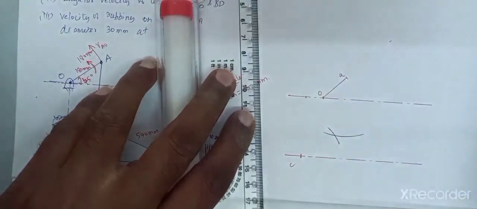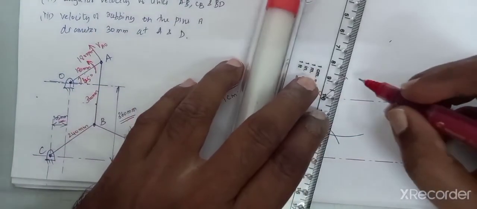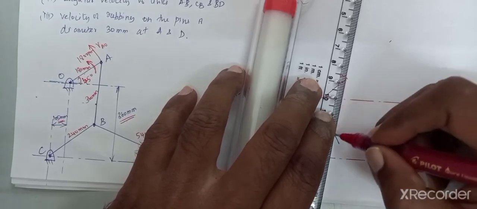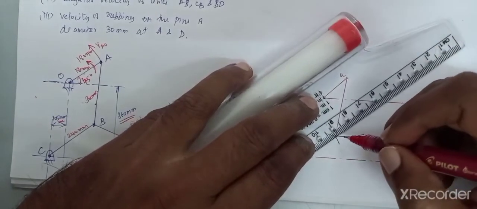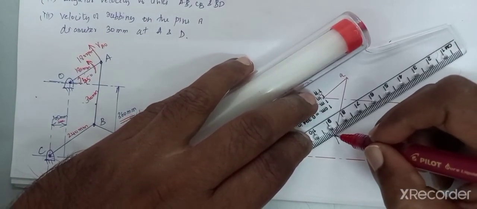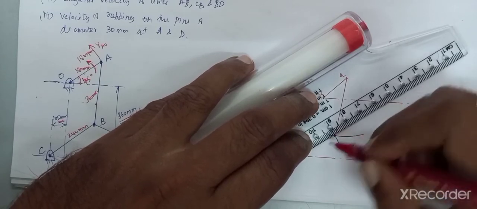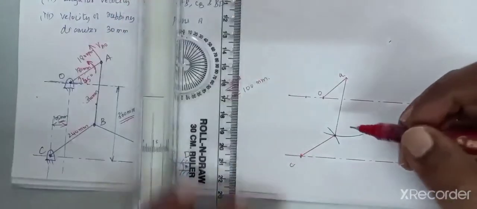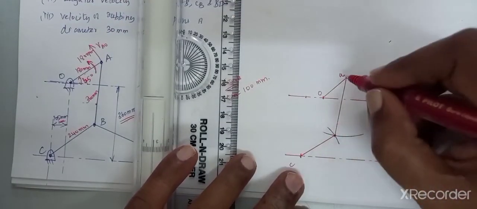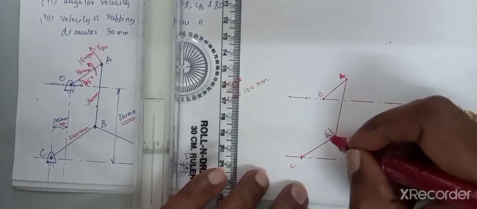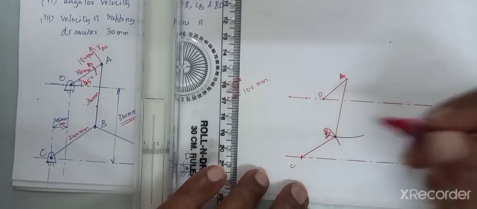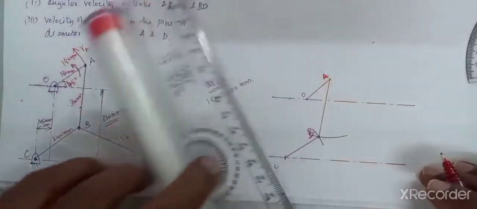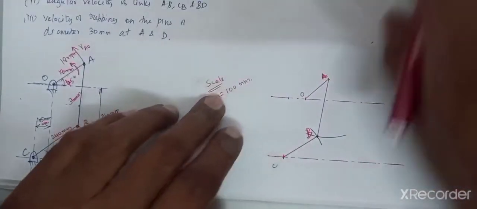Now I am going to join these two arcs to locate point B. Now I have located the point B, capital B. Now I am going to locate the slider D, which is 540 mm.